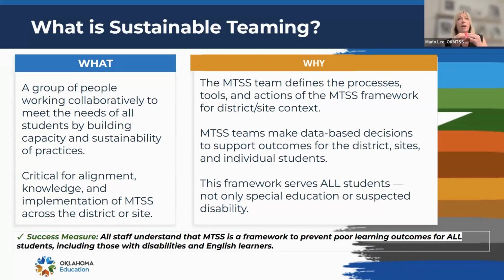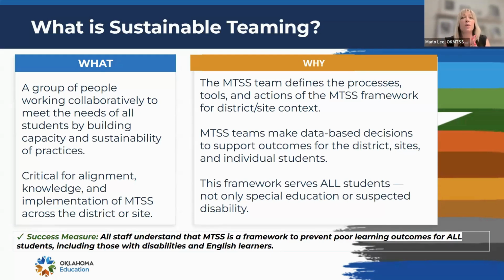In that guide, there are rubric sections, and you can use those pieces of the rubric to assess your own team and where you are. I decided to put the success measure for the highest score at the bottom of some of these slides, so that if you were going to assess your staff on sustainable teaming, the success measure would be the highest level.